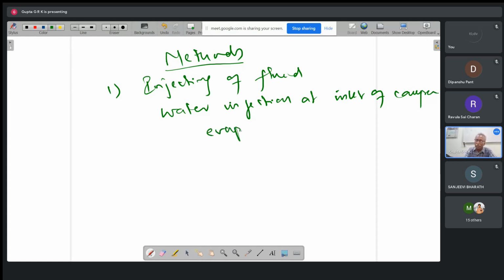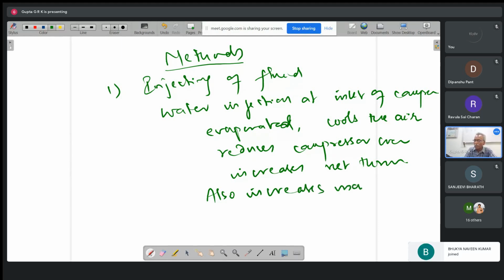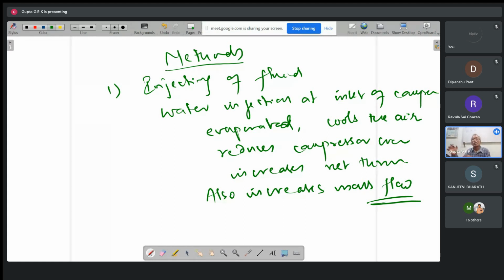It gets evaporated, cools the air, reduces compressor work, increases net work, or reduces compressor work means increases net thrust. And also increases mass flow. There will be an increase in the mass flow and also jet velocity, because the compressor work needed is less. So from the turbine, it takes less work, and because of that, there will be more power for the nozzle. Is this clear?